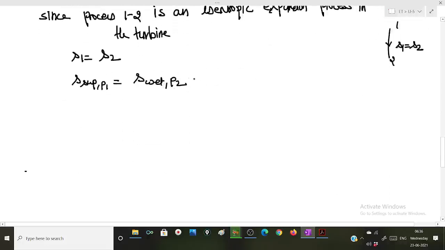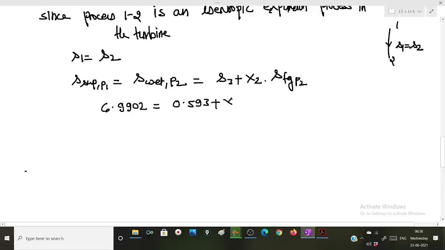And entropy of wet steam can be calculated as S3 plus X2 into SFG P2. Now I have all the values. S superheated is 6.9902, S3 is 0.593, plus X2 into SFG P2 is 7.636 kilojoule per kg Kelvin.